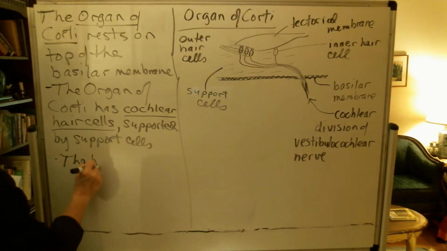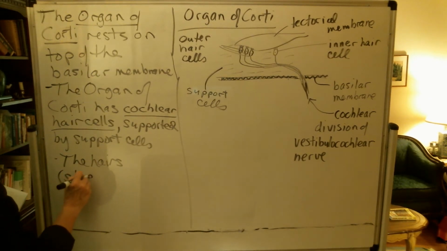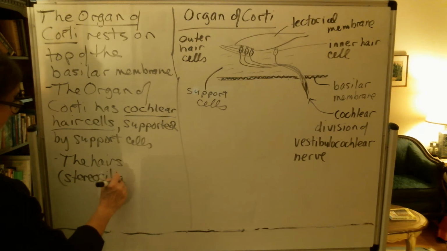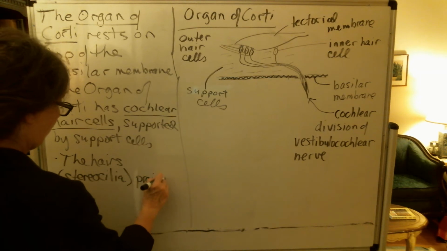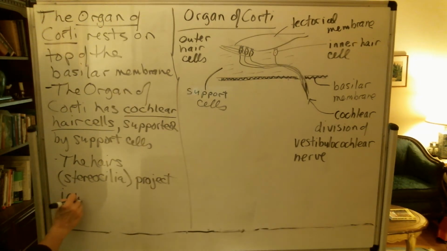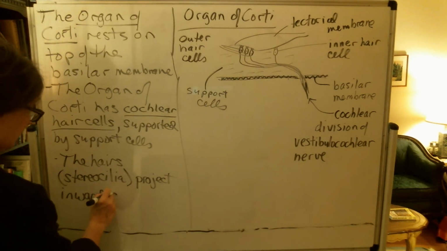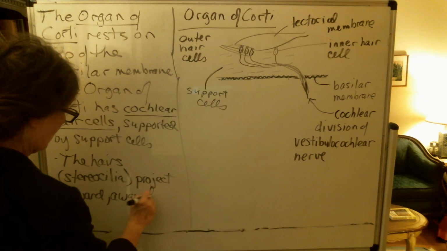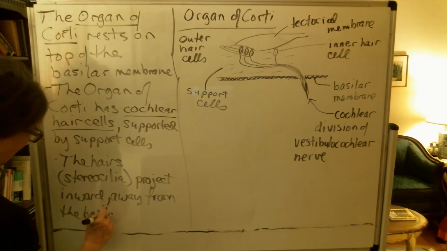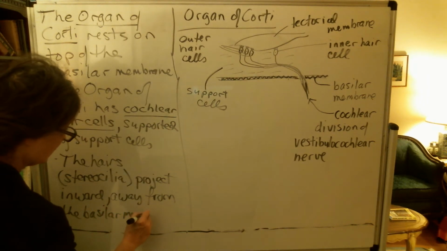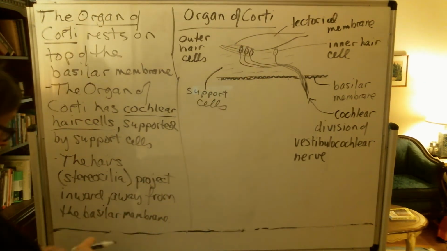And the hairs, which are known as stereocilia, project inward, away from the basilar membrane. As you see here, here's the basilar membrane, and they're projecting in that direction.